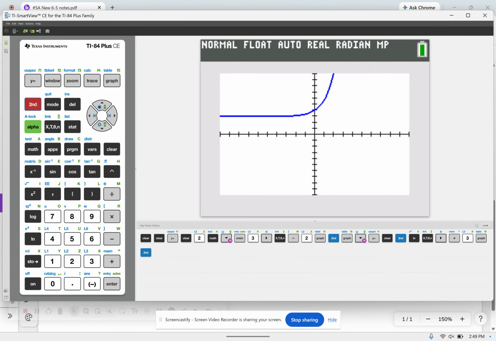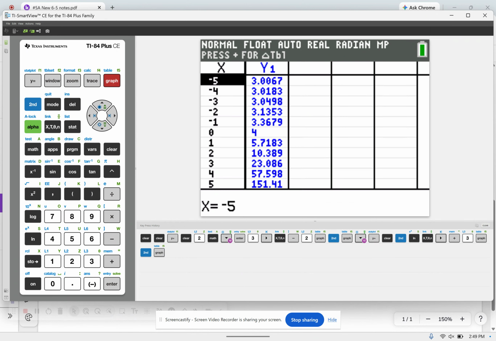So then I'm going to go to the table. And it looks like I have a nice easy point at (0, 4). And then basically the other one I got is (-10, 3).